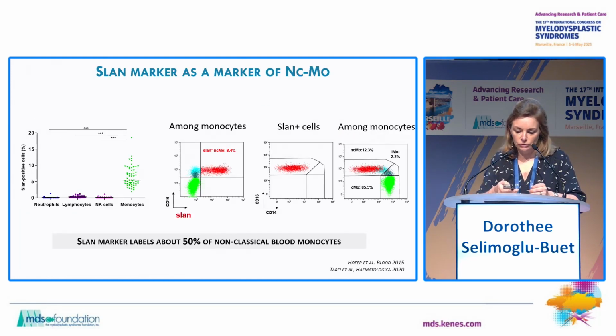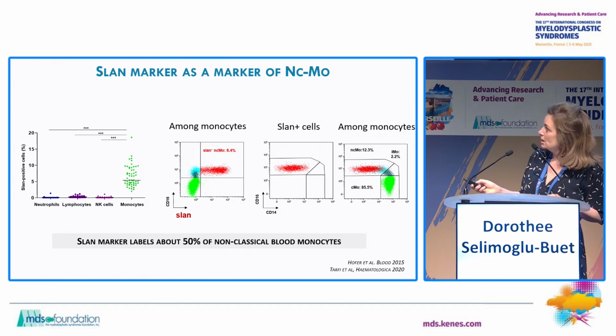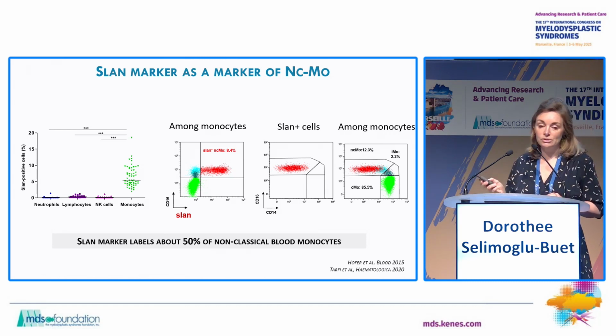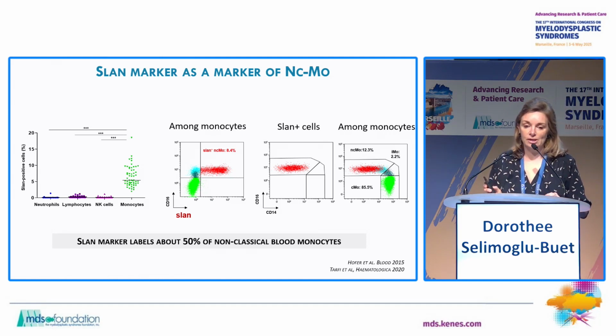And the marker that we have chosen was SLAN. SLAN is a membrane marker expressed by the monocytes, and among the monocytes, here in red, the SLAN-positive cells are restricted to the non-classical monocytes.